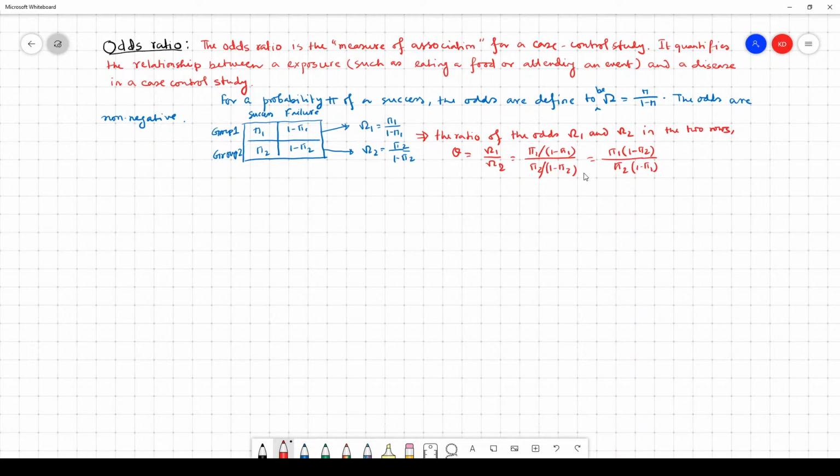So this omega 1 is called the odds of success instead of failure.